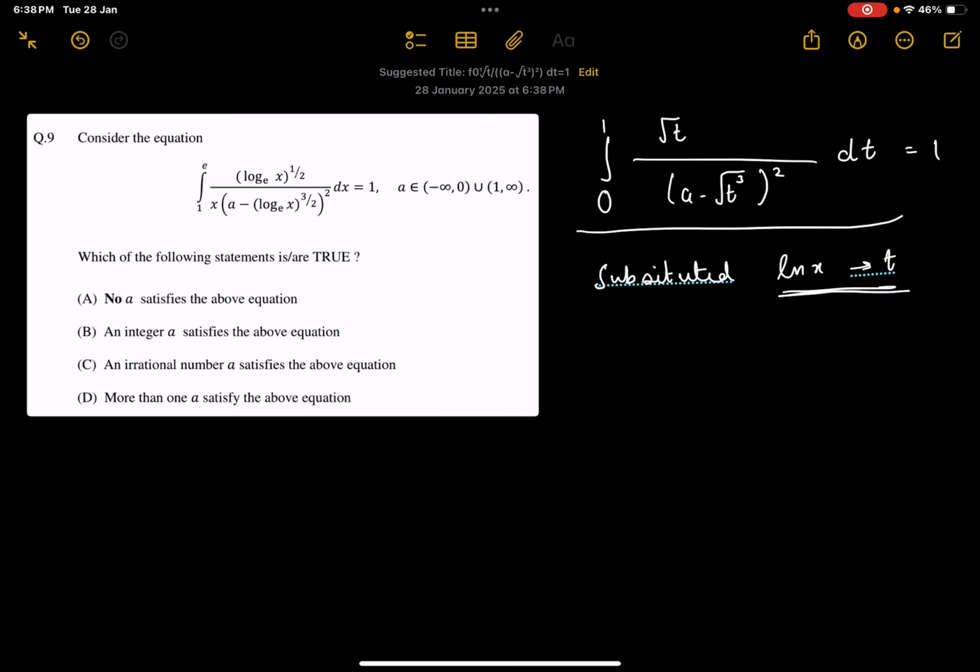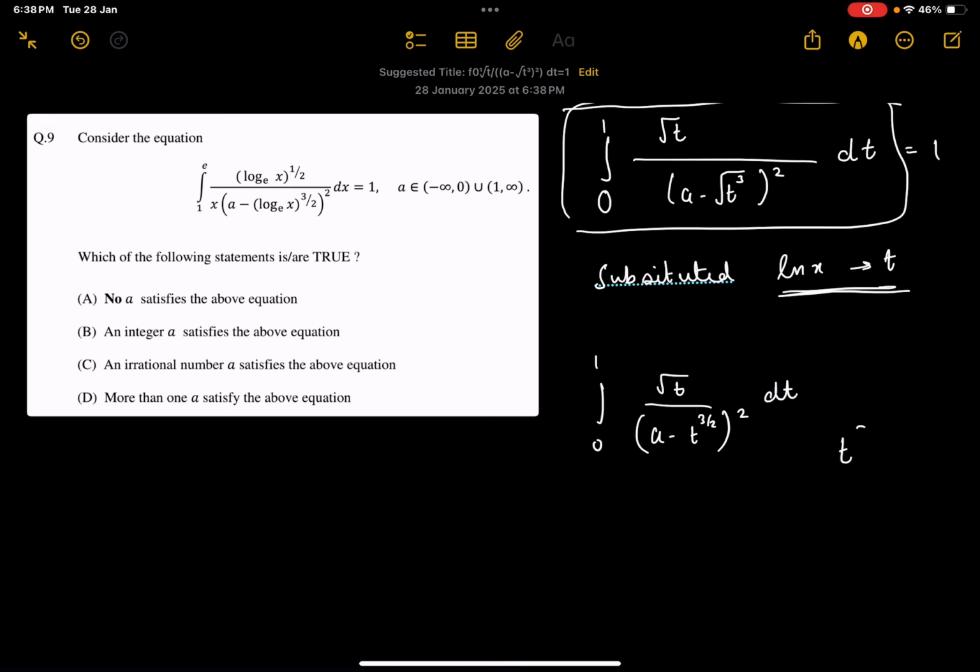So let's now look at this integral. We have integral 0 to 1 root t. Now what we'll do is we'll substitute t to the power of 3 by 2 as p, some variable, so the limits won't change.